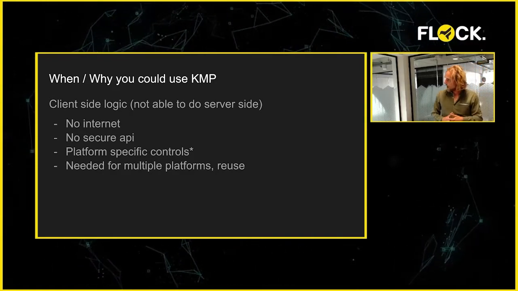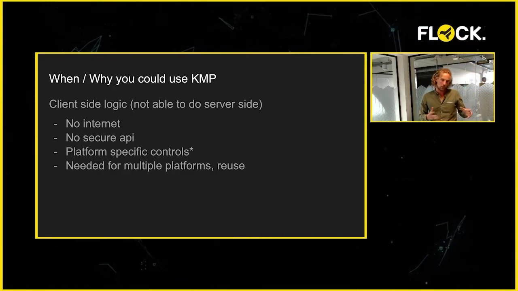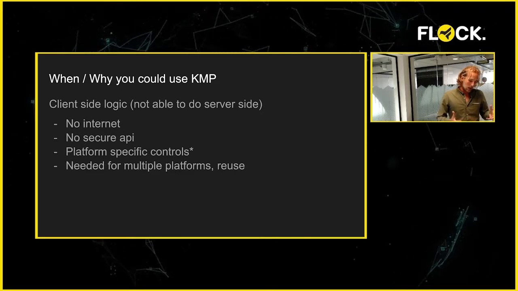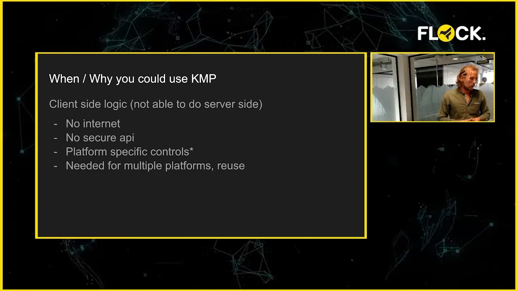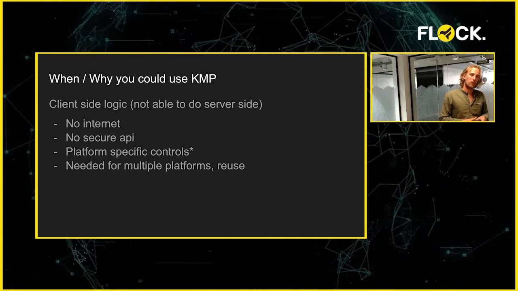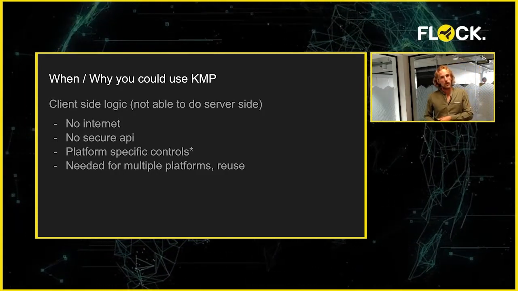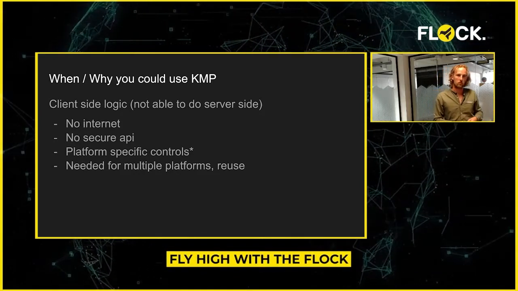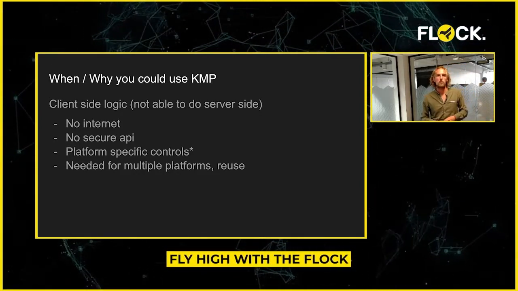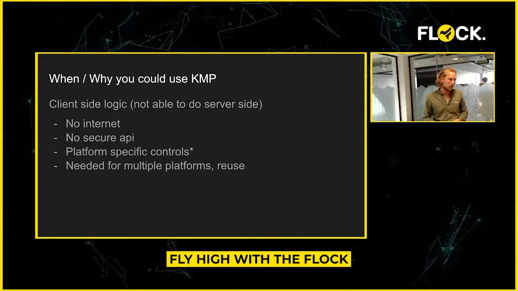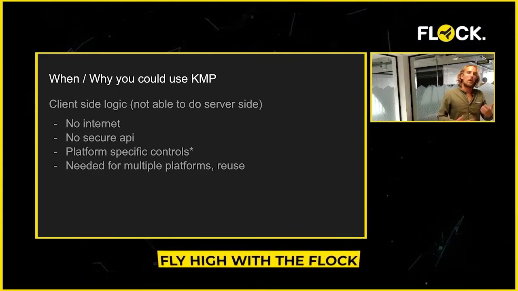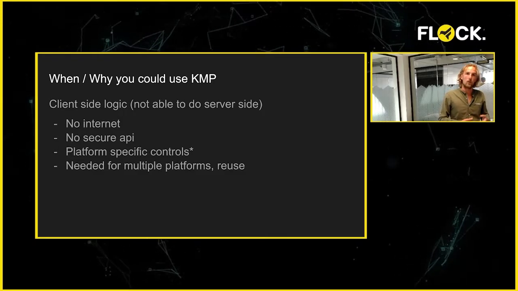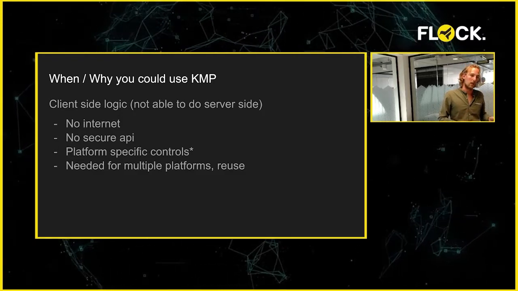So when should you start using Kotlin multi-platform, or when shouldn't you? As a rule of thumb, you could say if there's client-side logic, which you cannot do on the server, but you need to do on multiple different clients on multiple different platforms, say an Android app or an iOS app or a web and maybe a native app, then it might be a good idea to start using just a single code base for the common code and only do the platform specific stuff on that platform.